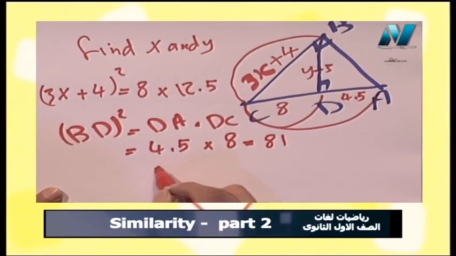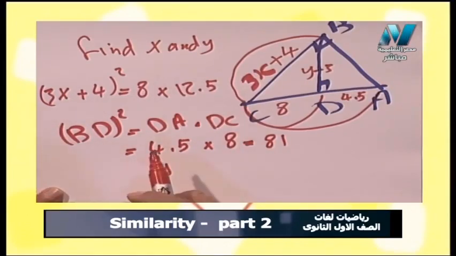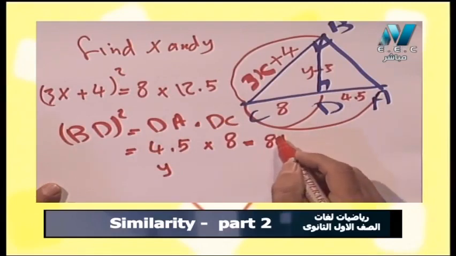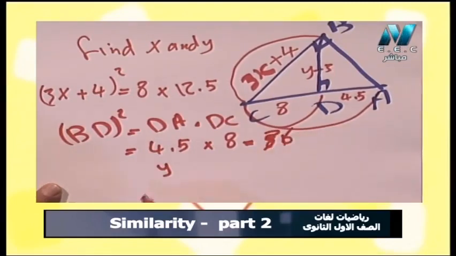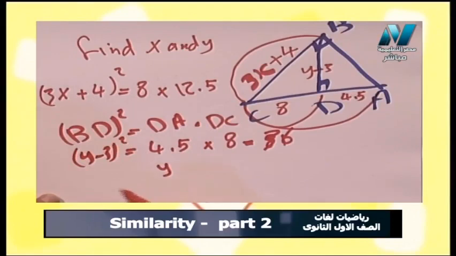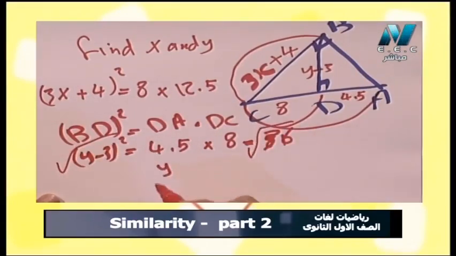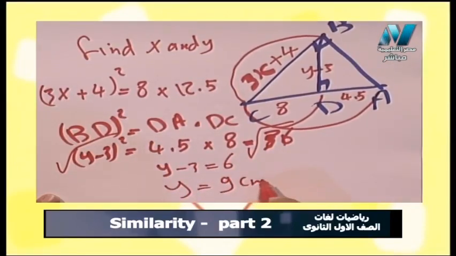The answer will be 36. And we have here this number (y minus 3) power 2 equals 36. Get the square root. So y minus 3 equals 6. So y equals 9 centimeters.